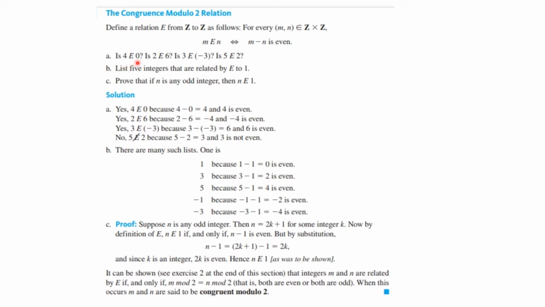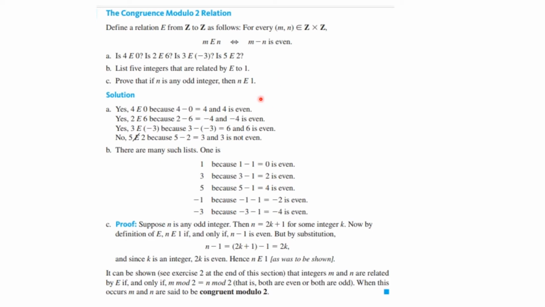Is 4 E 0? Is 2 E 6? Is 3 E minus 3? Is 5 E 2? Well, the answers are: 4 E 0, yes, because 4 minus 0 equals 4, and 4 is even.